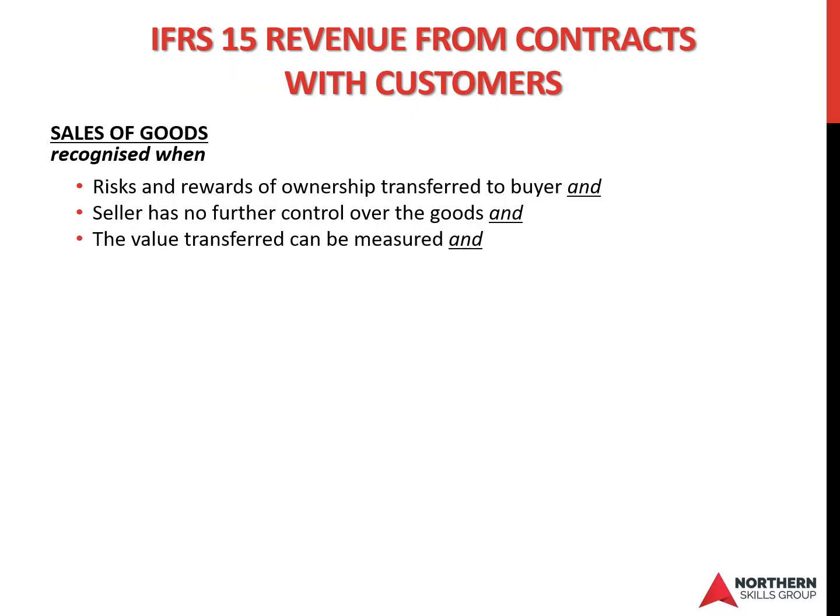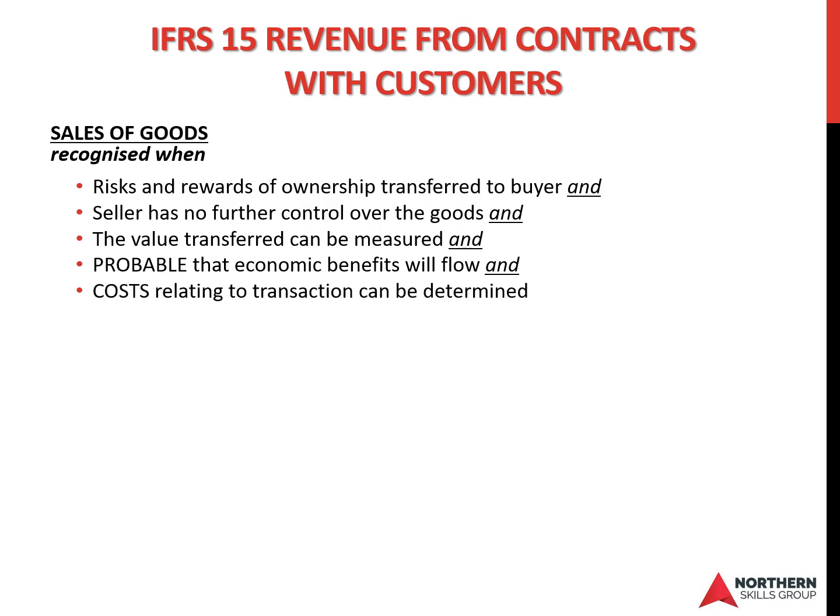The buyer is free to do what they like with them. The value of the goods can be measured. It's probable that economic benefits will flow. In other words, the supplier is going to get payment for those goods, and costs relating to the transaction can be determined.